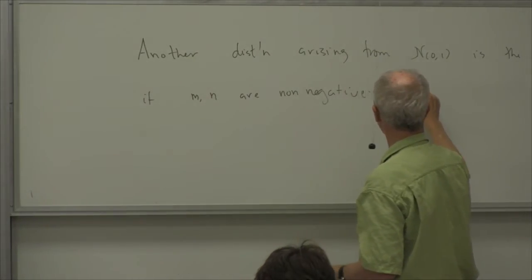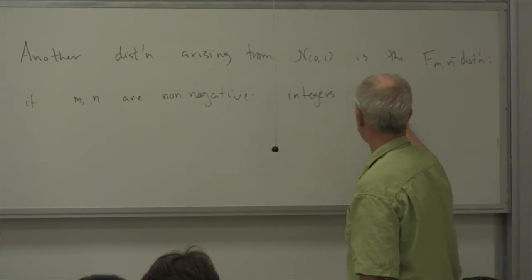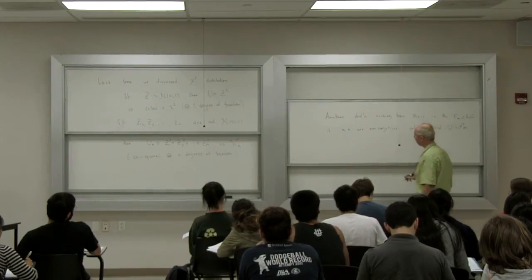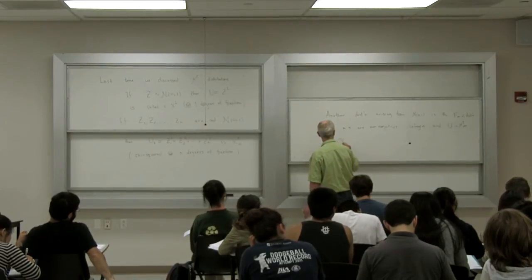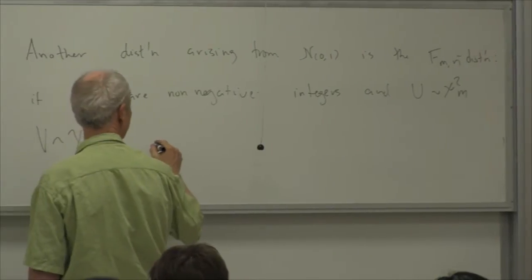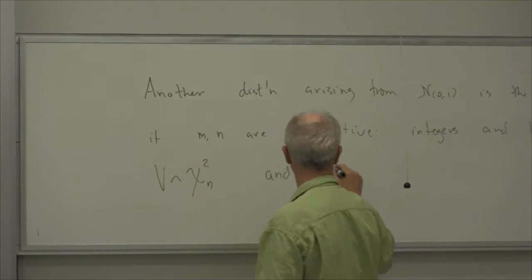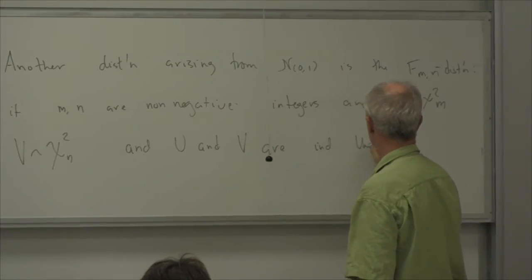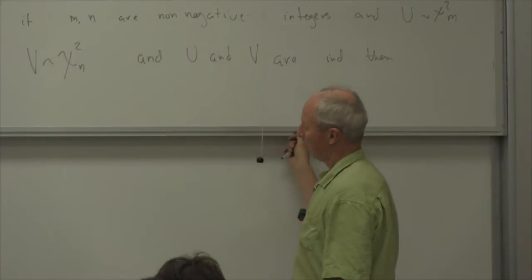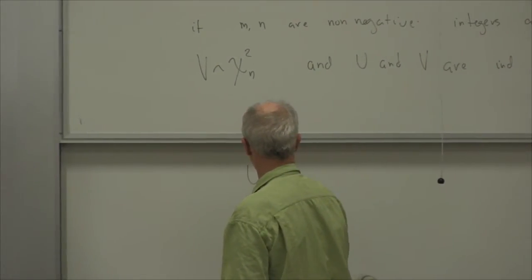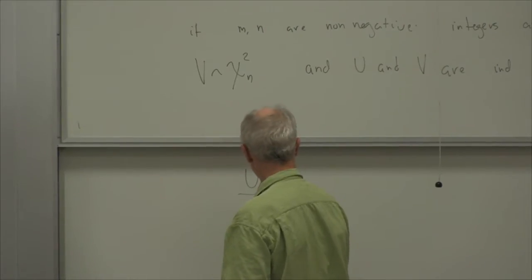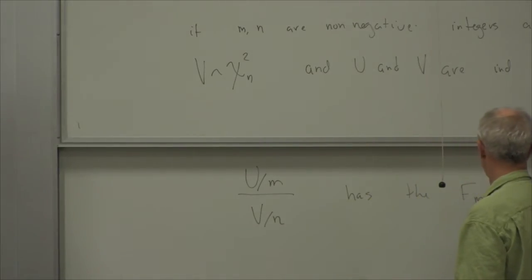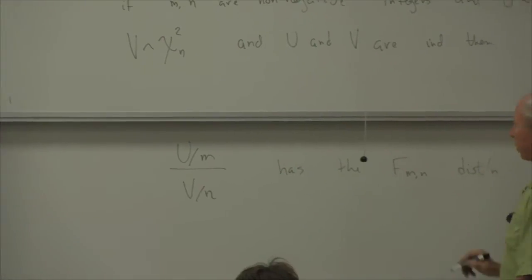If m and n are non-negative integers, and U is chi-squared with m degrees of freedom, V is chi-squared with n degrees of freedom, and U and V are independent, then the ratio is called the F(m,n) distribution.